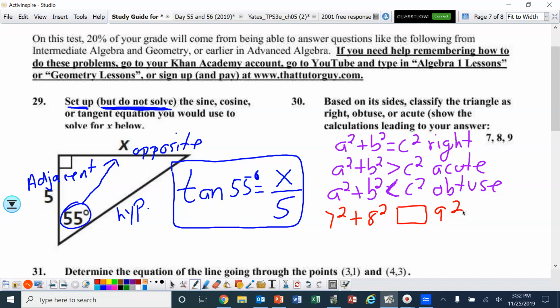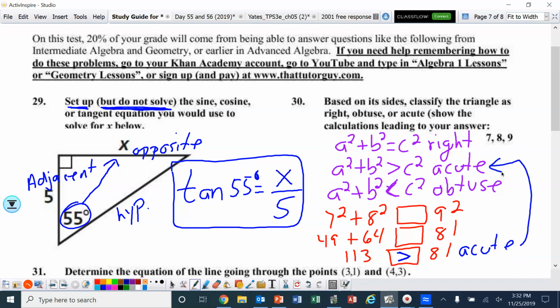Well, 7 squared is 49, plus 8 squared is 64, and that's 81. So we find out that this is 113, and this is 81. Well, the a squared plus b squared, that is greater than 81, therefore it is acute.